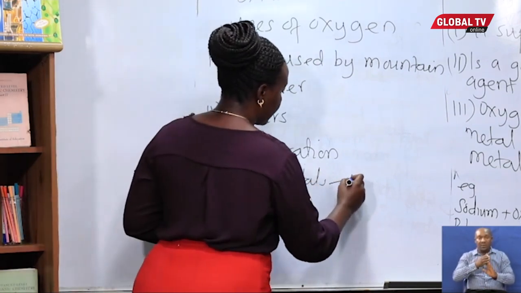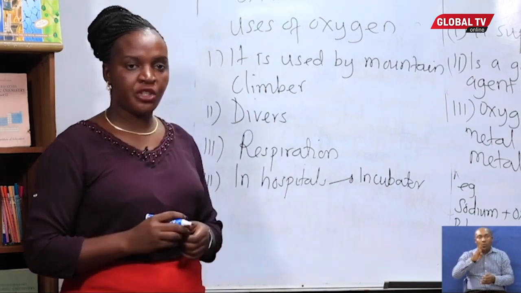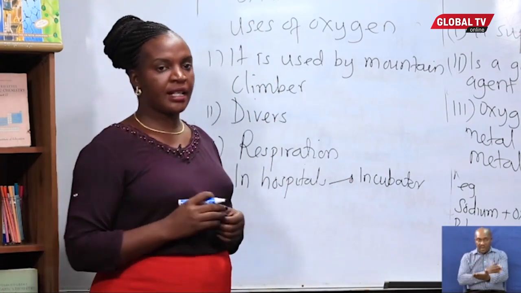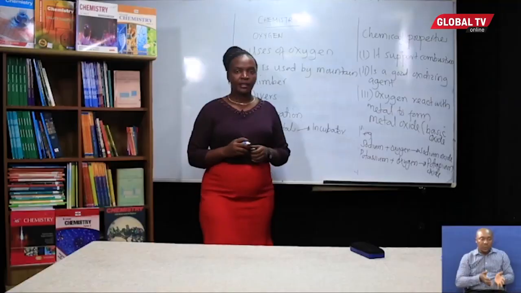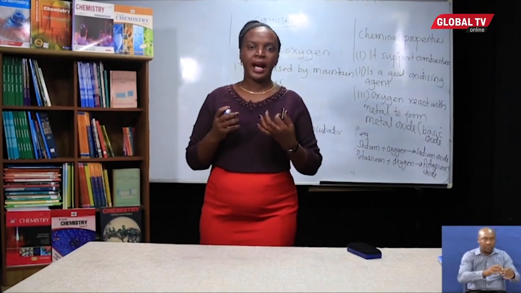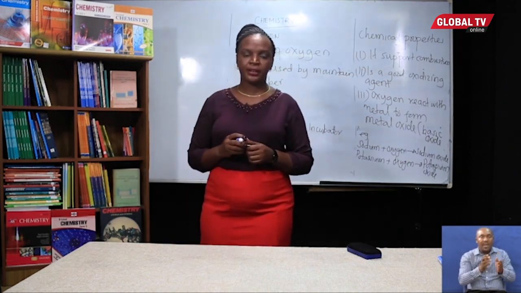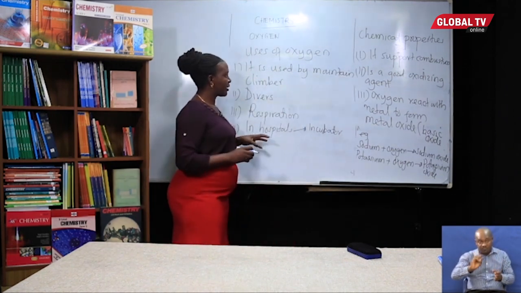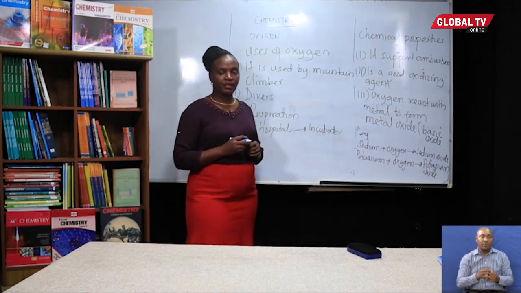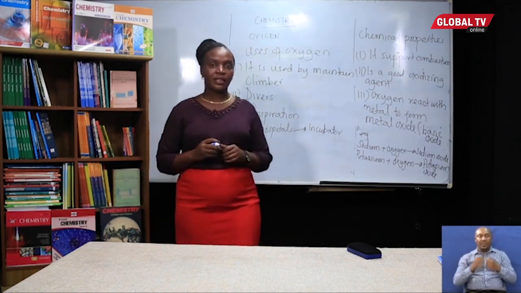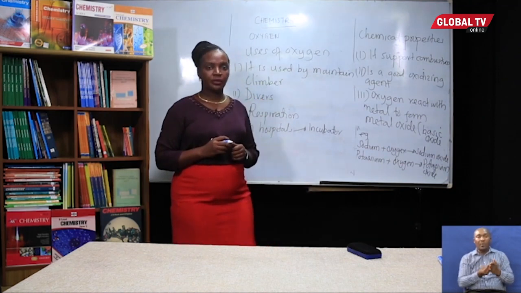First of all, it is used in the incubators to assist the breathing of premature babies, but also it is used by people under the intensive care unit, we call it ICU. So if someone asks you to mention the uses of oxygen: divers, mountain climbers, and hospitals.